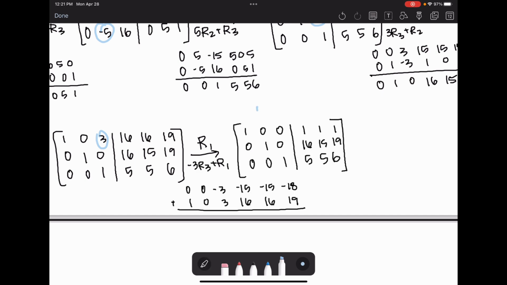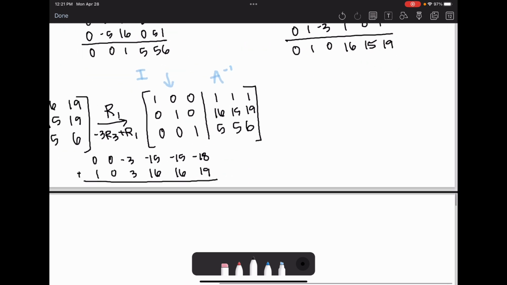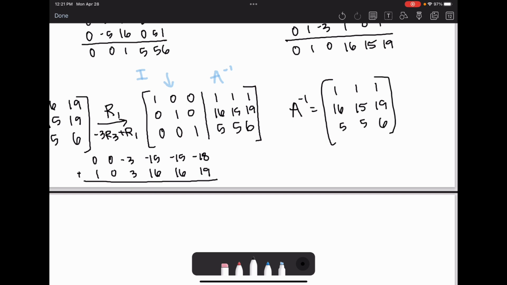So this is now the identity matrix, which is what we wanted, and this is now the inverse. So we can say A inverse is 1, 1, 1, 16, 15, 19, and 5, 5, 6.